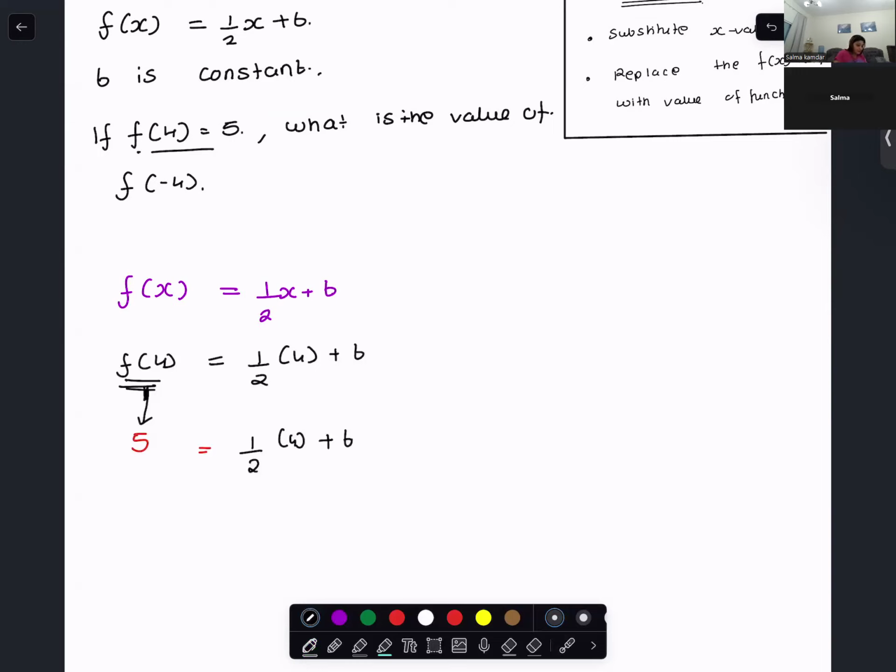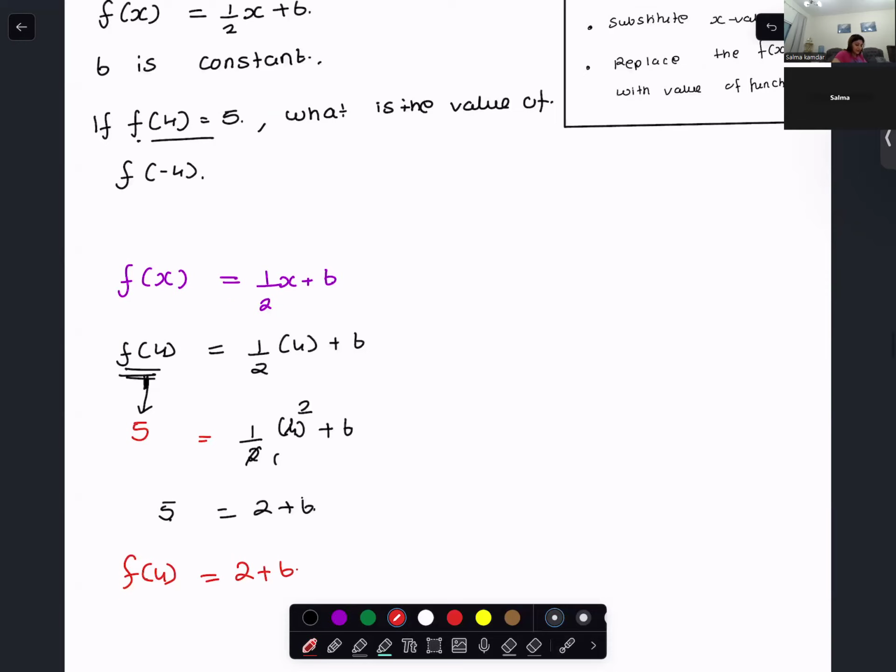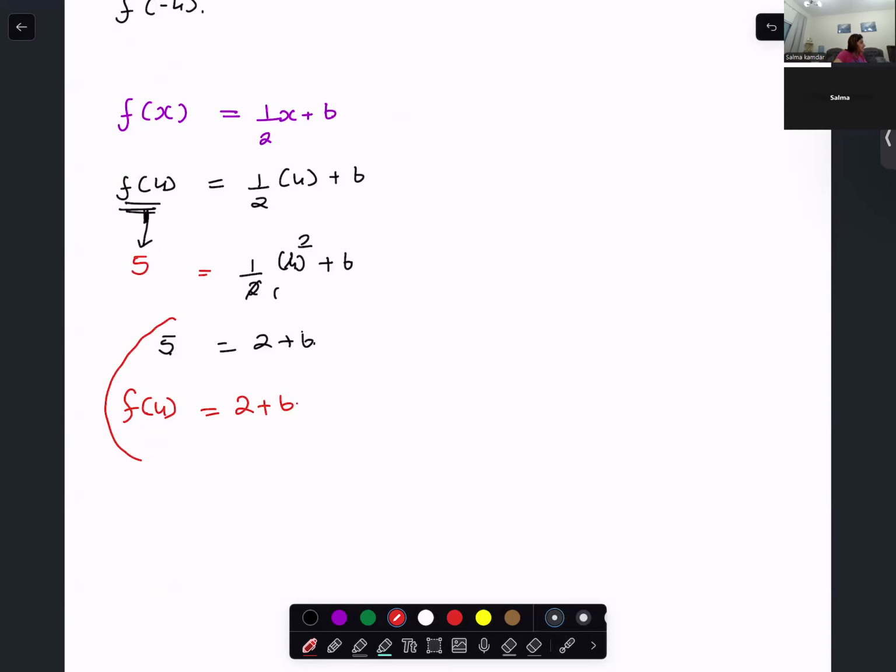So I would know 2 plus b is 5, or I would say when x is 4, f of 4 is 2 plus b. I know that f of 4 is 5. Both are the same. So we can replace the f of 4 by 5, which I have done over here.